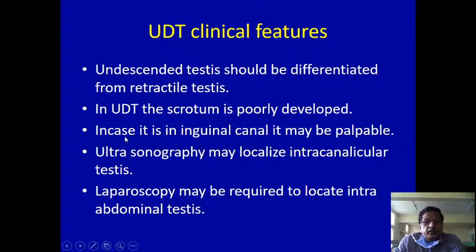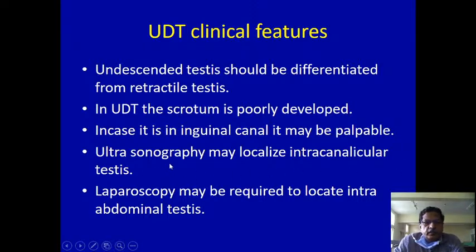In case it is in the inguinal region, the undescended testis is usually palpable. It may be palpable, but not always. So when you cannot find the testis either in the scrotum or by palpating the inguinal canal, you may have to do imaging investigations like ultrasonography, which may localize a canalicular testis.